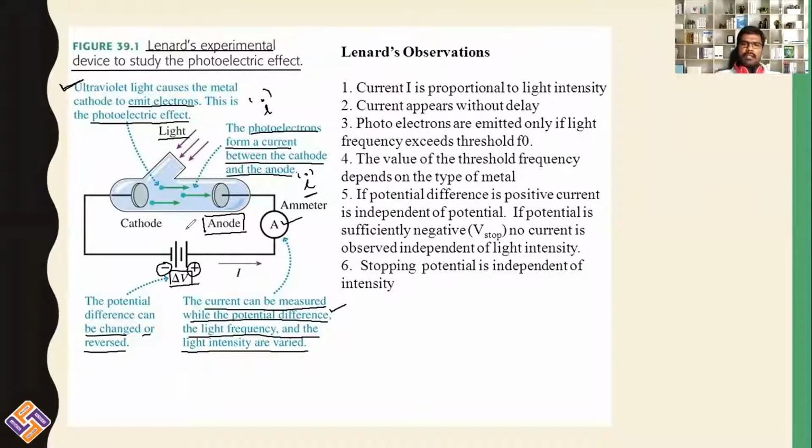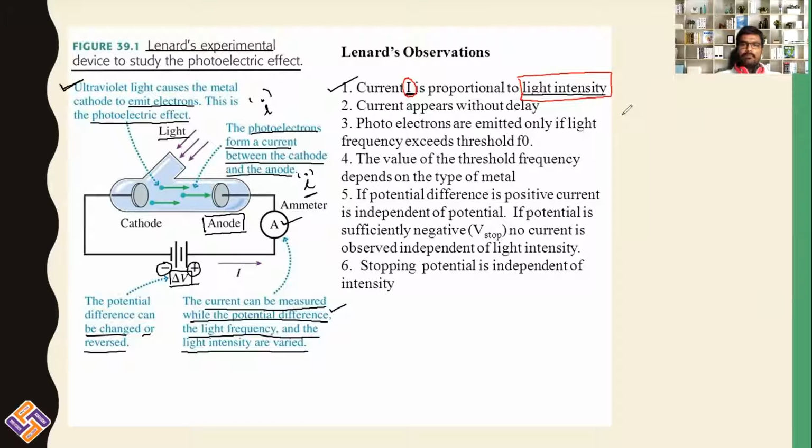From the experiment he concluded that the current I is proportional to light intensity. That's point number one you need to remember. The photocurrent is directly proportional to light intensity. The more intense the light, the more photoelectrons come out. Therefore, the current observed in the circuit is directly proportional to light intensity.